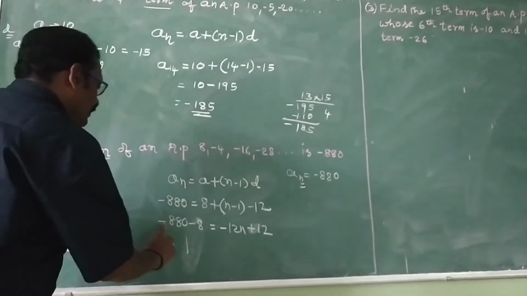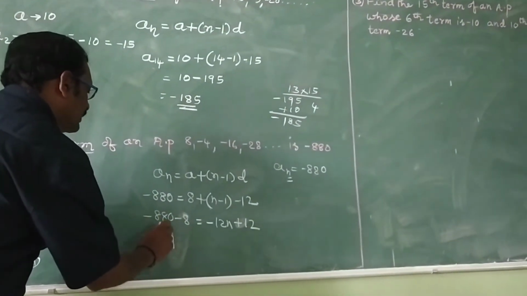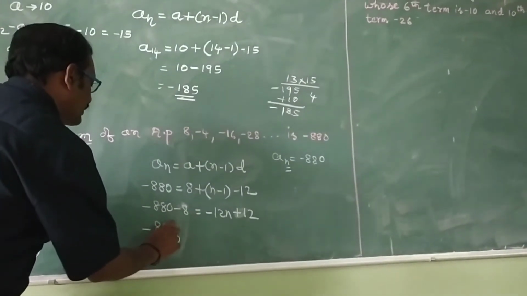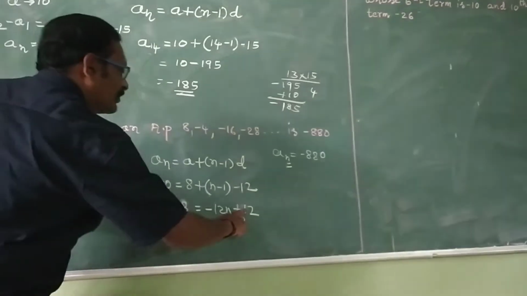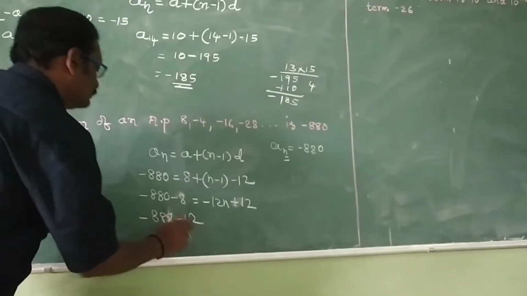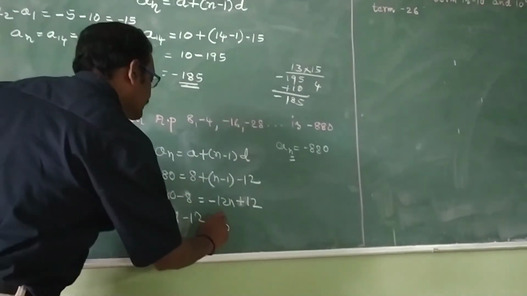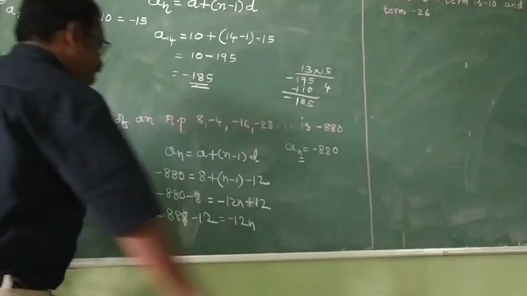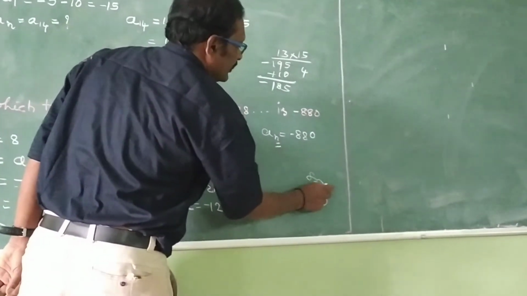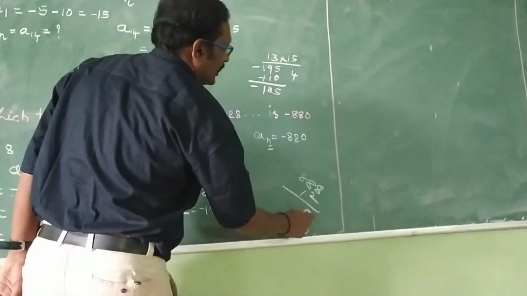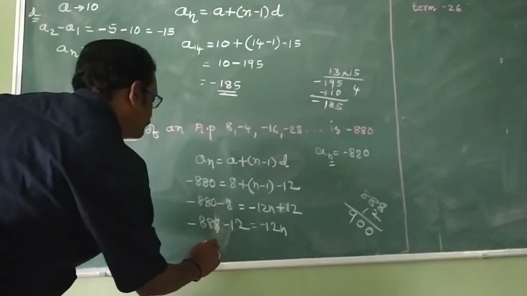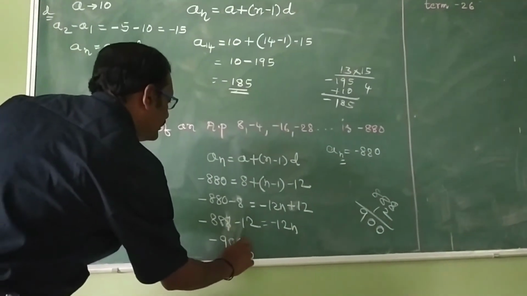Now, when minus minus comes, add: 880 plus 8, so that is minus 888. Now take this plus 12 to this side, minus 12, equal to minus 12n. Now when minus minus comes, add: 888 plus 12 is 900.